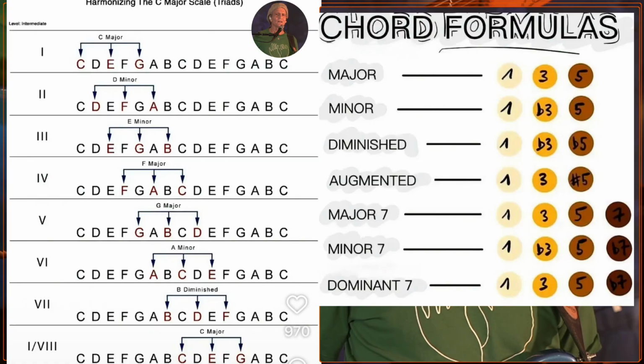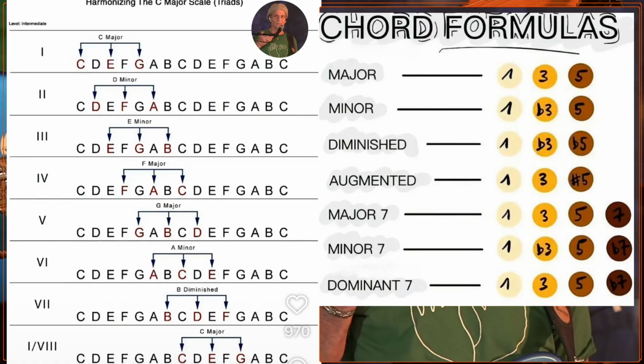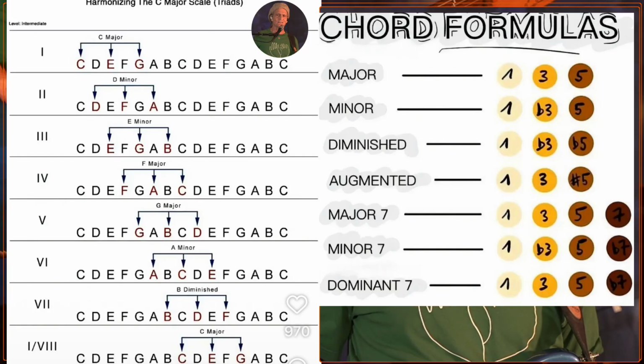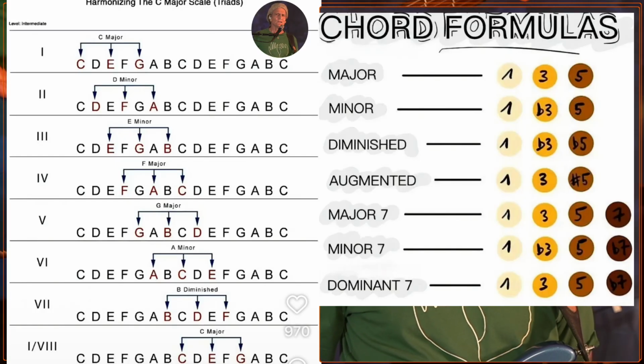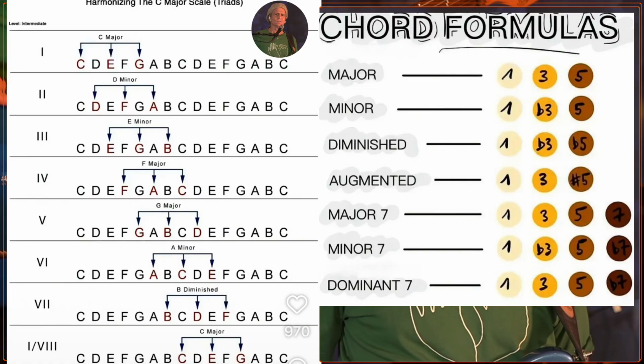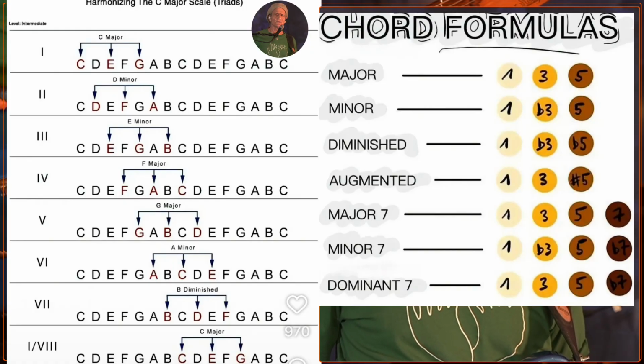Another thing that happens, if you look to the left, there's two diagrams there, and that's the harmonized scale. So you've got the little brackets, and Gabe, in those little brackets, is it labeled 135, 135?